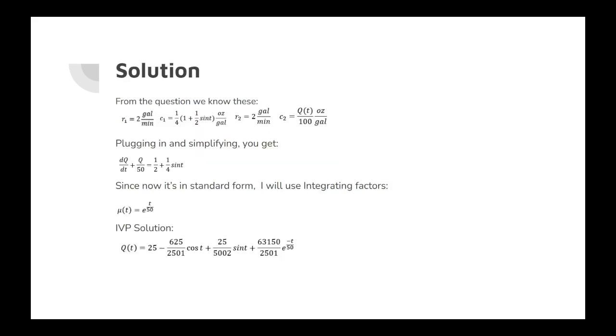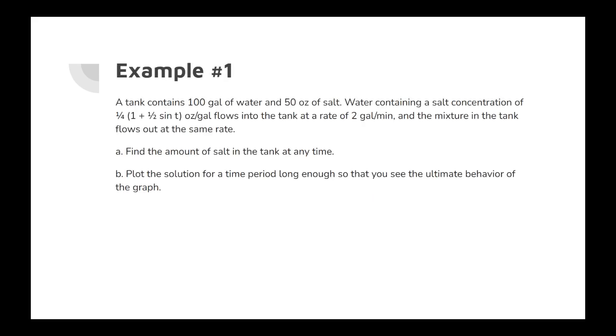So we look at what's given. We have R1, C1, R2, and C2. R1 is the rate in, which is 2 gallons per minute, and the rate out is also 2 gallons per minute because it states that the rate in and rate out are the same.